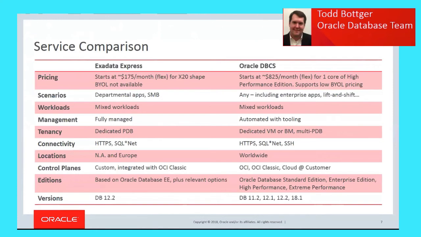DBCS, you really have a lot of control over your cloud instance. You can tune it yourself. For those who are familiar with Oracle database, there are many buttons you can push and dials you can turn and levers you can pull, and you can tune it specifically for OLTP or analytics, BI. It's up to you, but out of the box, it would be appropriate for mixed types of workloads.